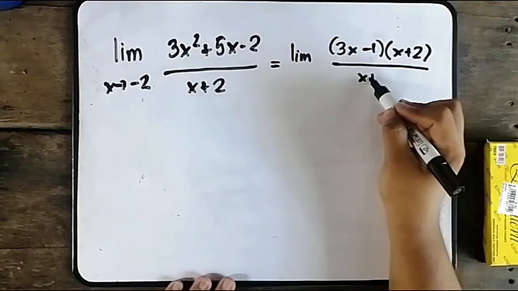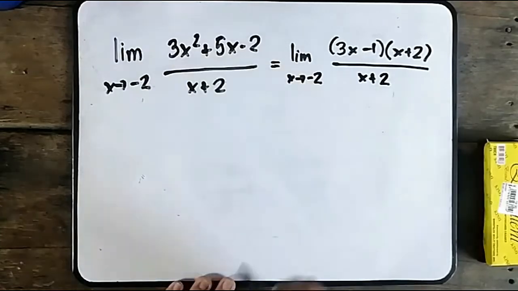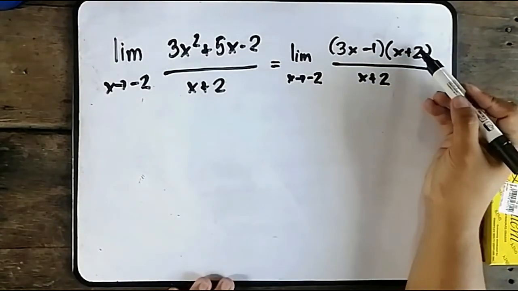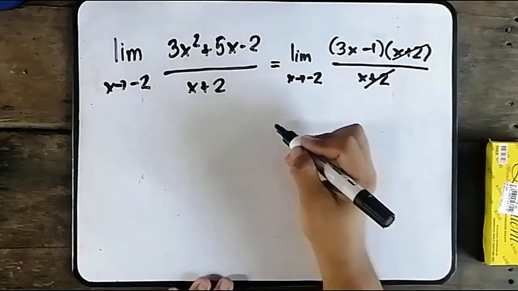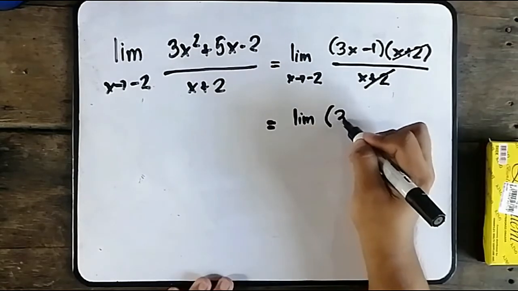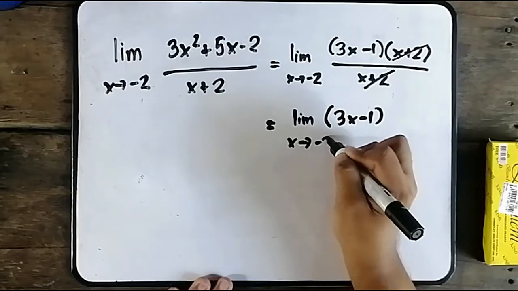Then our denominator is x plus 2 as x approaches negative 2. Observe that we have a common factor here, x plus 2 and x plus 2, so we cancel that out. So this becomes the limit of 3x minus 1 as x approaches negative 2.